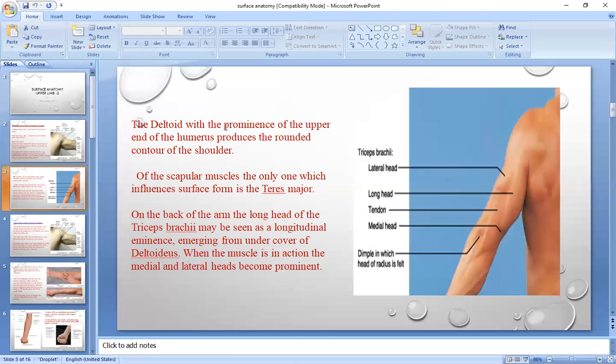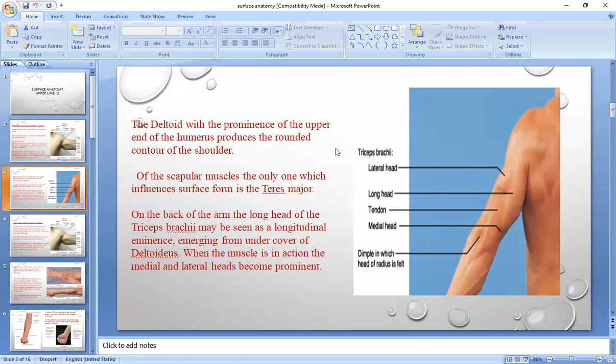Deltoid muscle, with the help of 3 sets of fibers: posterior fibers from the spine of the scapula, intermediate fibers from the acromion of the scapula, and anterior fibers from the lateral 1/3 of the clavicle. All these fibers together form a summit on the shoulder. This bulky rounded elevation on the summit of the shoulder is because of the deltoid muscle.